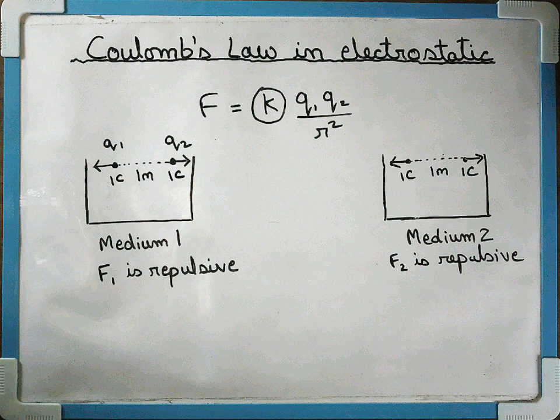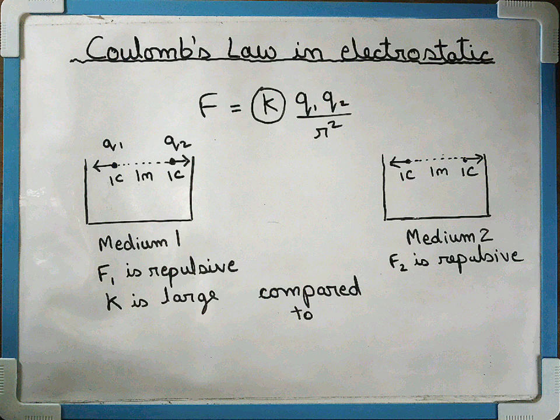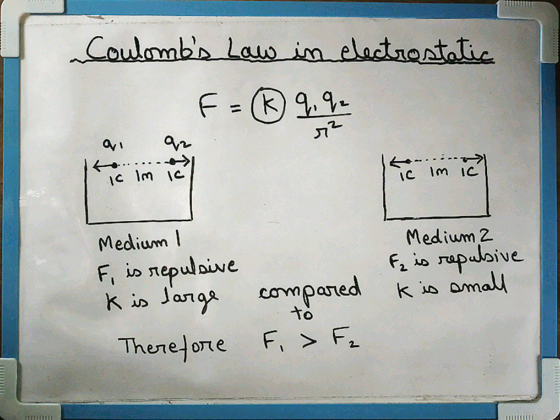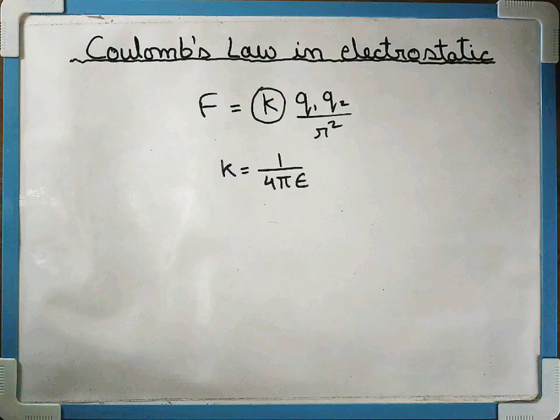If, suppose, in medium 1 the value of K is much larger than that of medium 2, then the force in medium 1 will be greater. So you can see K depends upon the nature of the medium in which the charges are placed, and this K is equal to 1 by 4 pi epsilon.